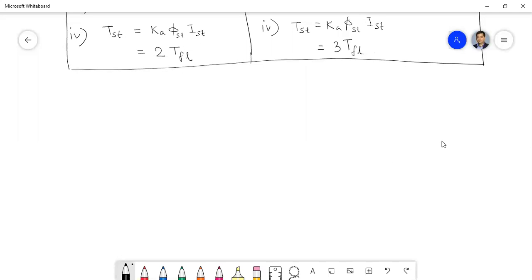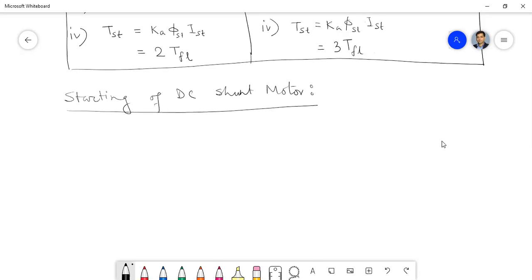Now, starting of DC shunt motor. Starting of DC shunt motor. Now, let us see what may be the problem in starting a DC shunt motor.